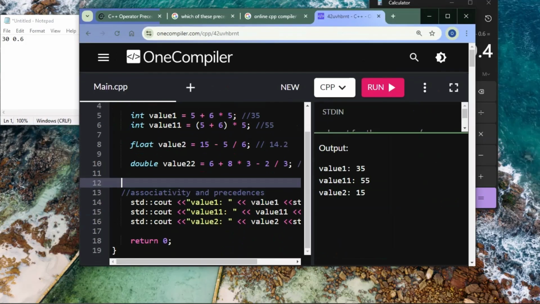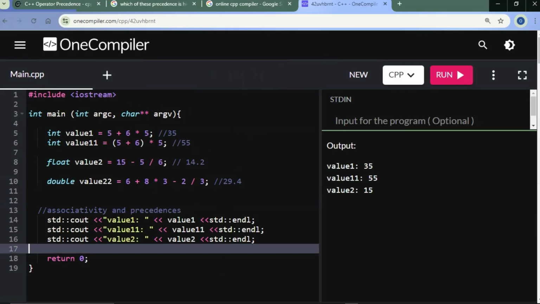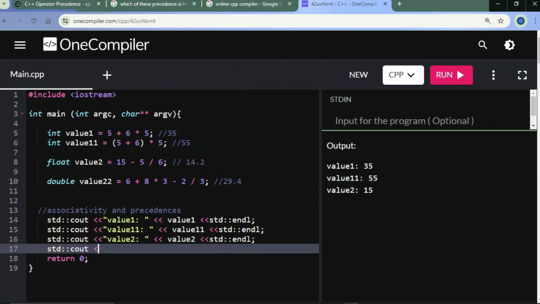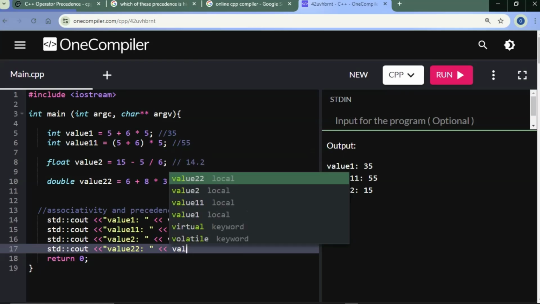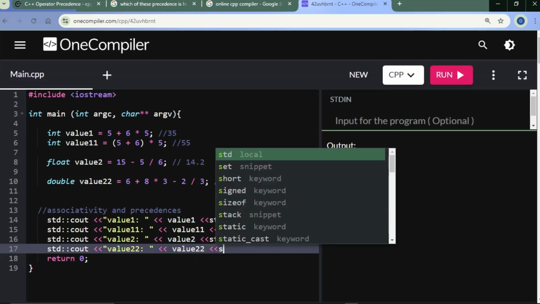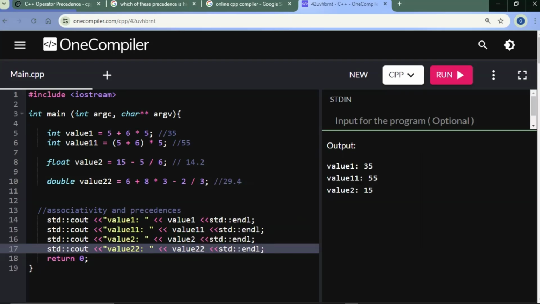Now let's try and run the code, but before we do that, let's print the result to the screen. So now this is good, and let's run this code again.